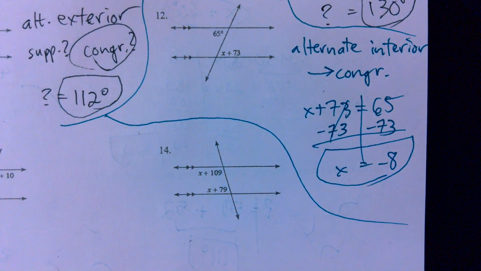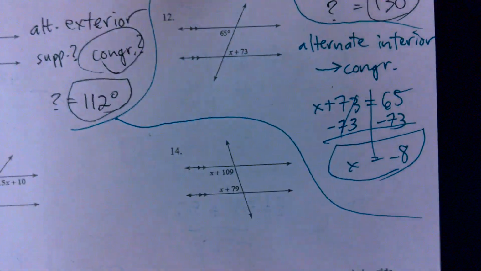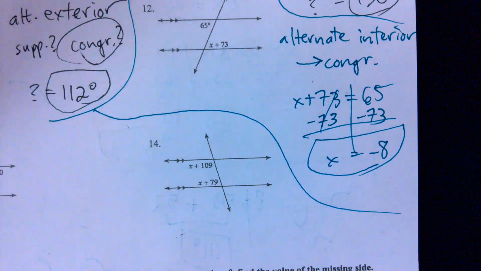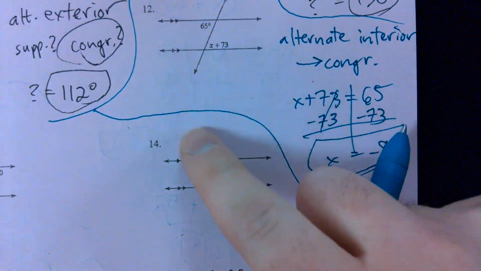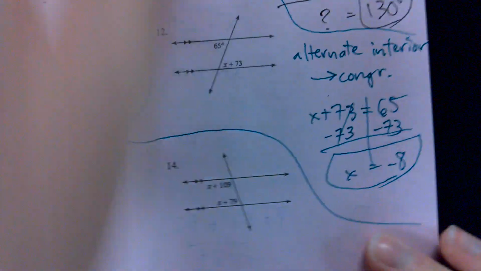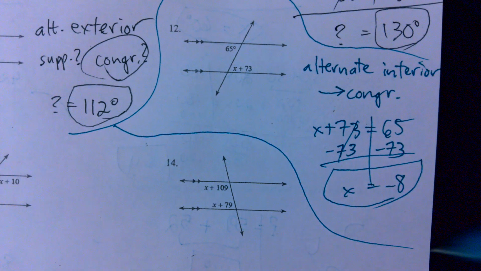No degrees because we're just finding x. With the previous three, we did put degrees because we found the actual angle. Now we could plug negative 8 into this expression and find the missing angle, but we don't need to do that, right? Because what's the missing angle have to be? What's the degrees of my missing angle right here?